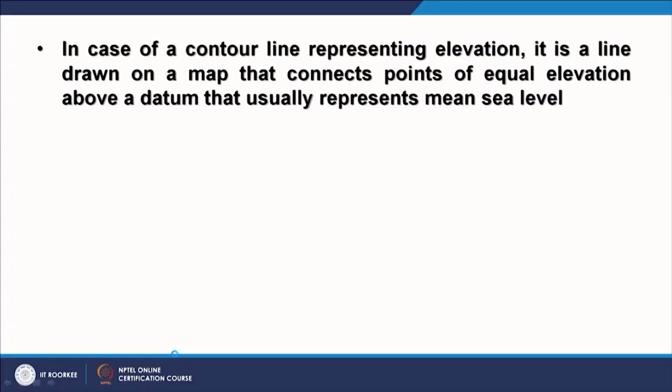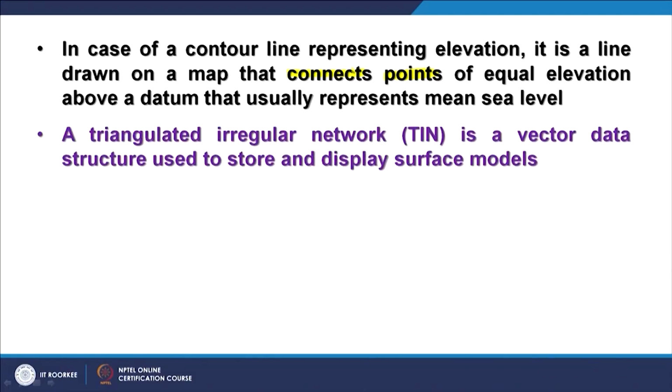If we are using contour lines representing elevation, then as you know these lines are drawn using points, and these polylines basically connect those points of equal elevation, or iso-heights. And generally, as we discussed in earlier lectures, elevation is measured above mean sea level.